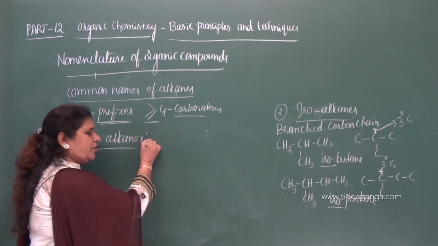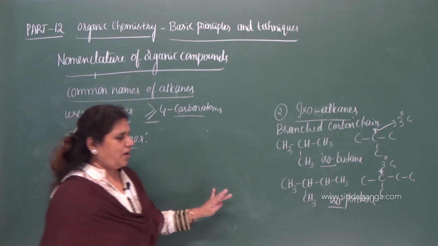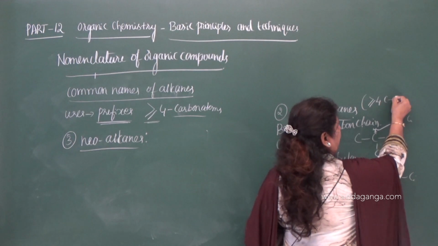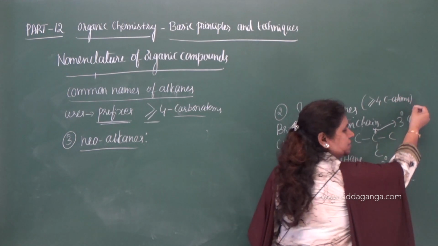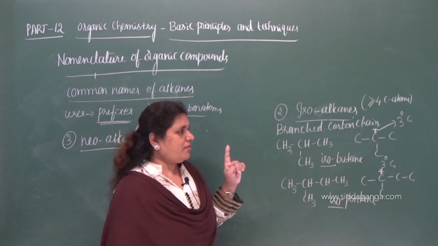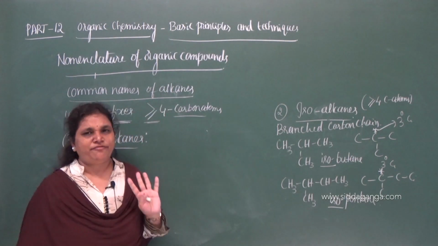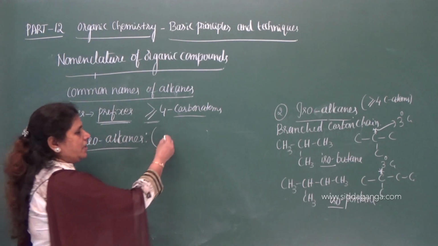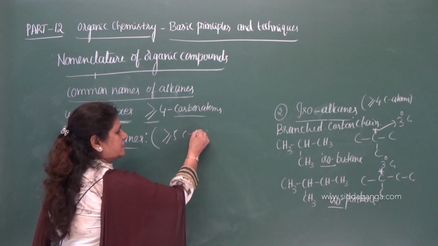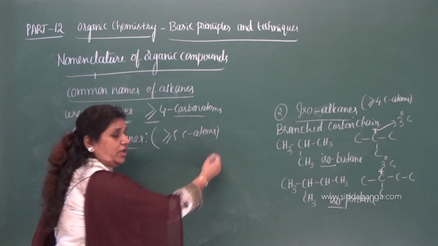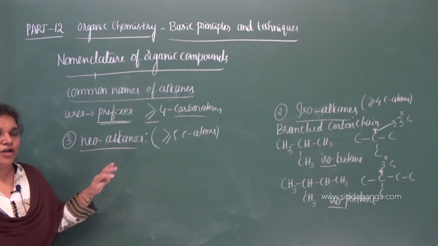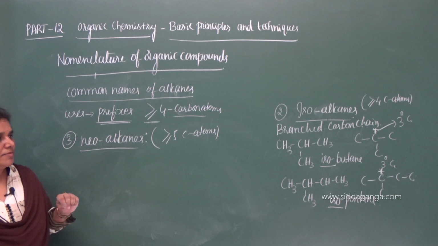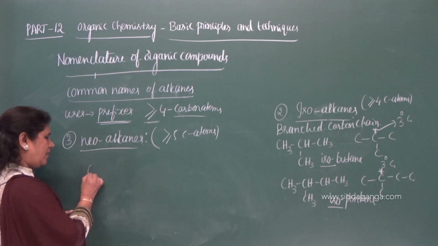To name isoalkanes, the minimum number of carbon atoms is 4. Isoalkanes we can name only if the alkane contains a minimum of 4 carbon atoms, and if you want to name neoalkanes, a minimum of 5 carbon atoms are required. So the neoalkane name can be given for those alkanes which have 5 or more carbon atoms. So then what is the example?